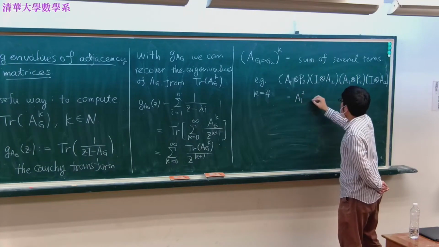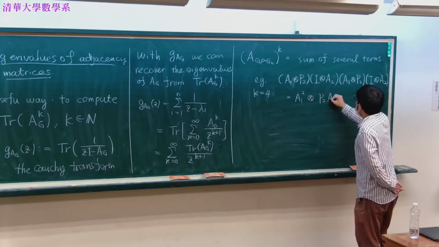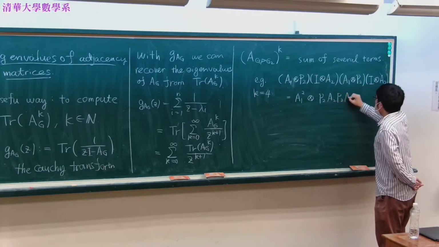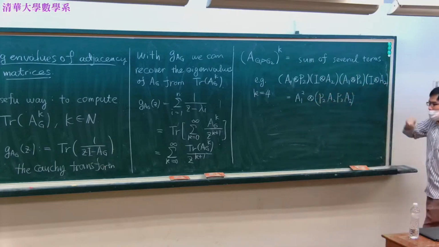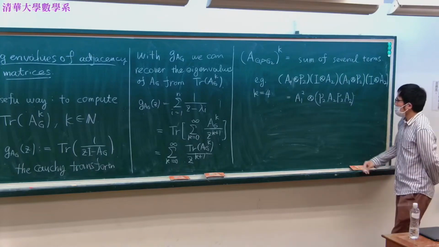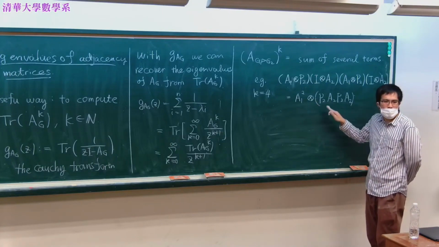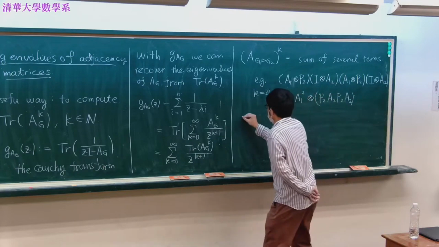So this is just A1 square tensor P2, A2, P2, A2. Then take the trace of this. What happens?